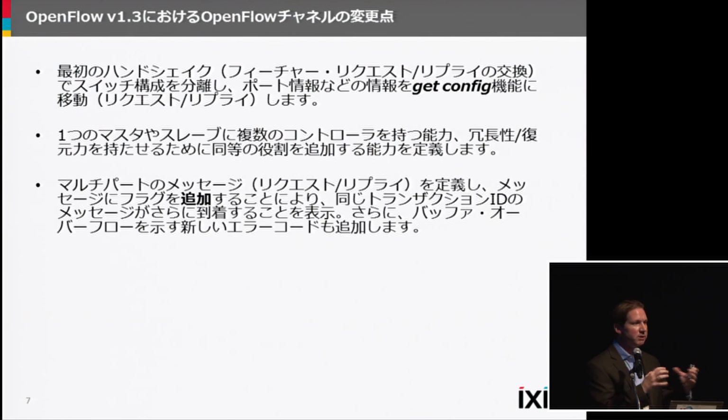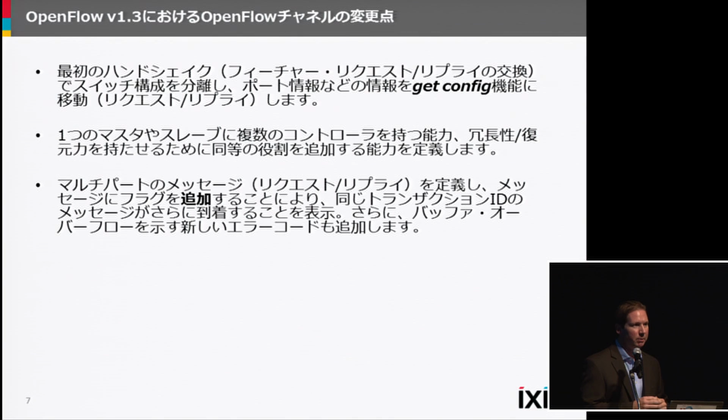1.3 refines the message handling between the controller and the switch, adding something called a multi-part message. Oftentimes the controller wants to get information from the switch, like the port stats, the flow table stats, the description. It wants to collect a bunch of information. So it can do this via a multi-part message saying, part 1, give me this stat, part 2, and the switch can acknowledge each one of those messages.